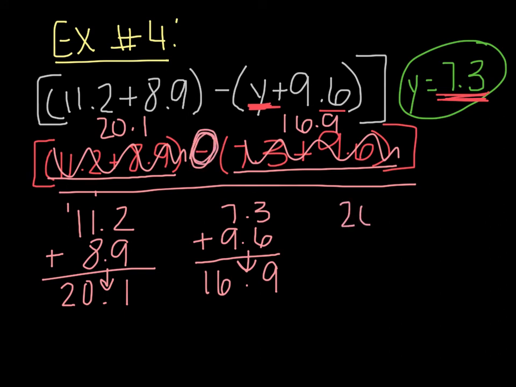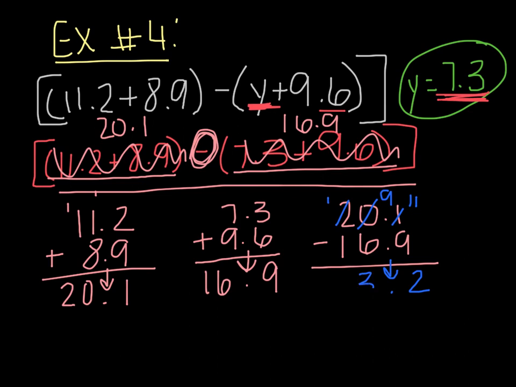So 20 and 1/10 minus 16 and 9/10. This 1 becomes an 11. This becomes a 9. And my 2 becomes a 1. Bring my decimal straight down, and then I can subtract. So I end up with 3 and 2/10 as my answer.